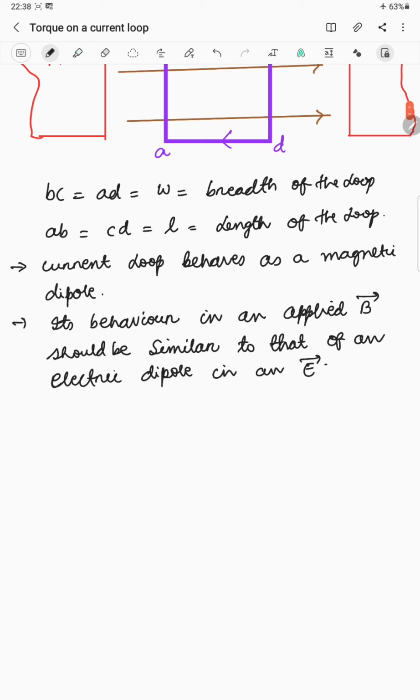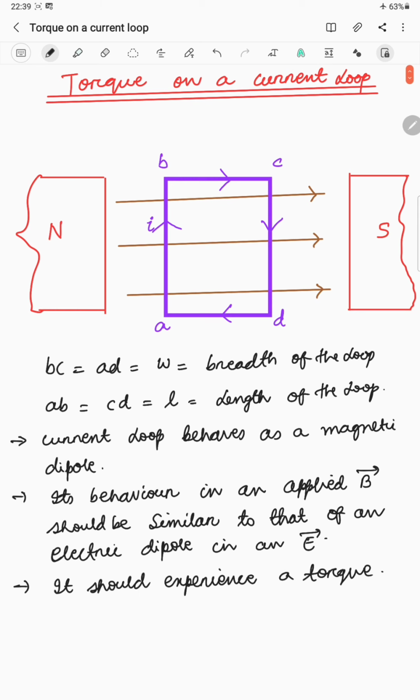So the current loop should experience a torque. Now let us see in which direction the forces are going to fall.